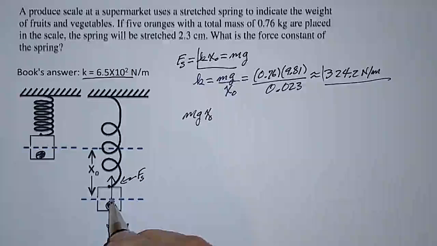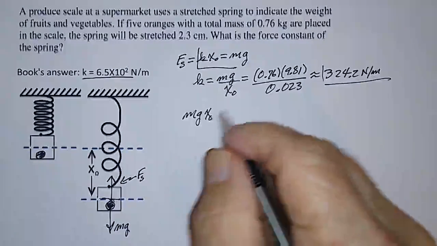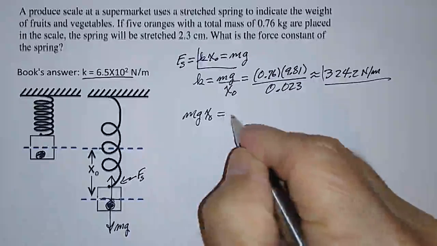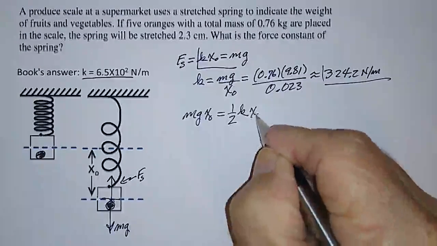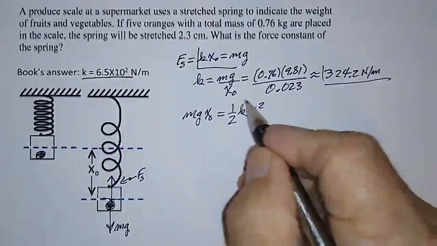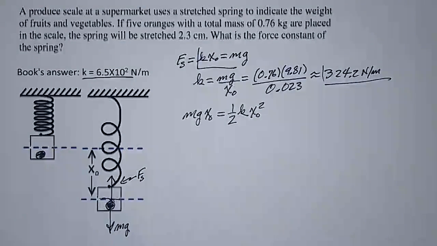And when I'm down here, I have no gravitational potential energy, but I have spring potential energy. And they're saying that mg x naught is equal to 1/2 k x naught squared, where that's the potential energy in the spring.